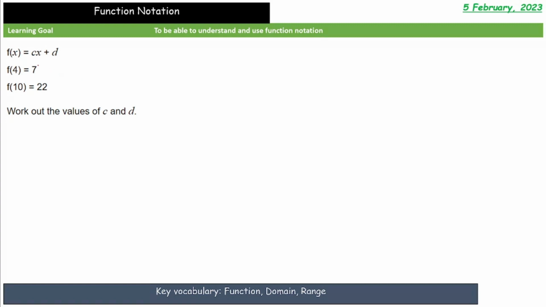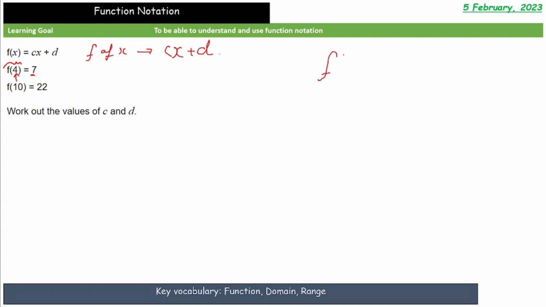So what we're going to do now is use our notation here to try and find the unknown function. So what you can see is your f of x is, we've got this mapping which is cx plus d. But if you have a look underneath, it gives us some information. It tells us when our input is 4, our output is going to be 7.